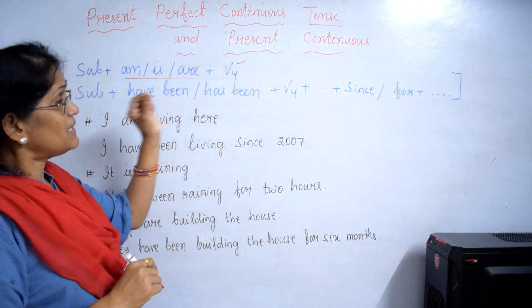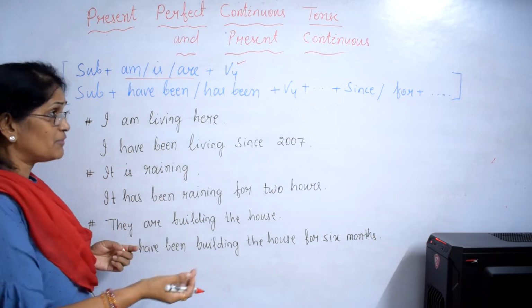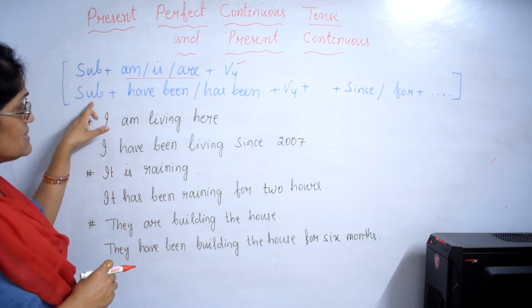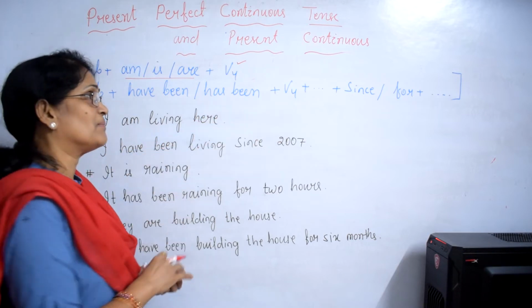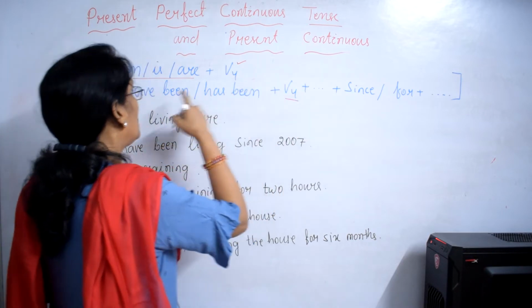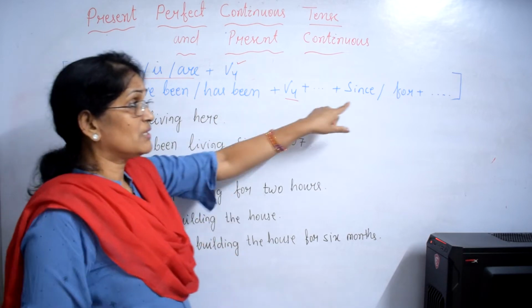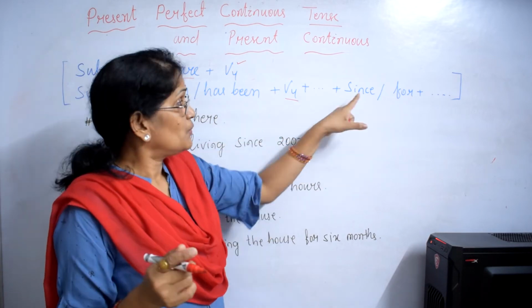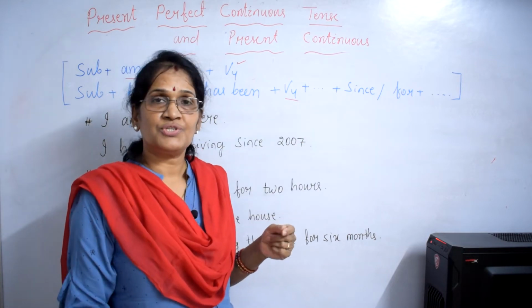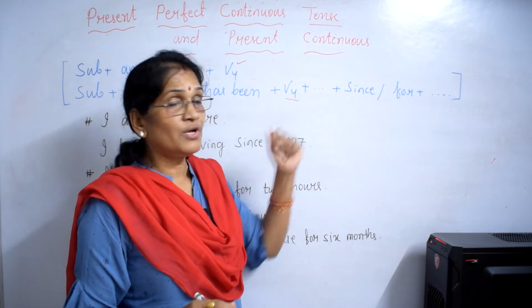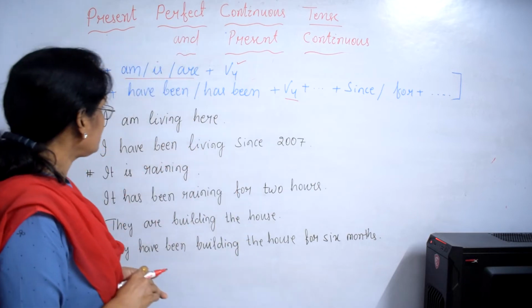This is present continuous. And present perfect continuous: subject plus have been or has been plus the ing form of a verb. With have been or has been, time comes with the preposition since or for. Since shows point of time and for shows period of time.